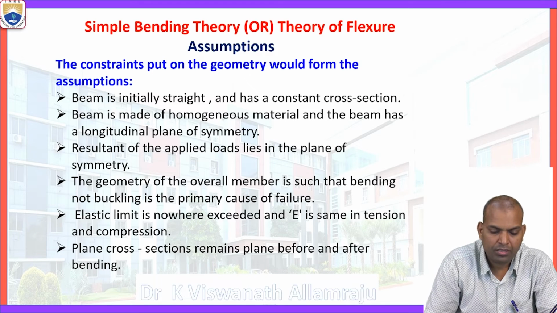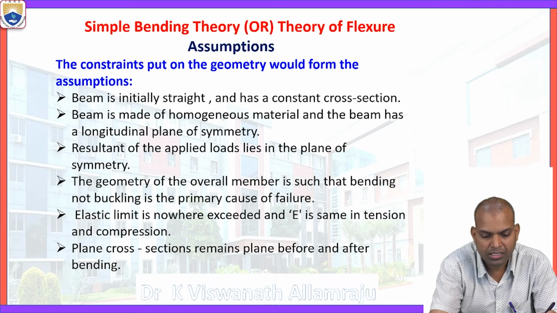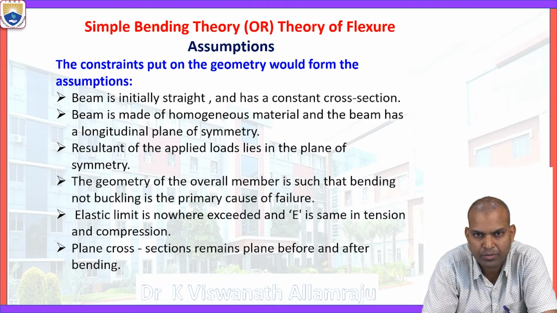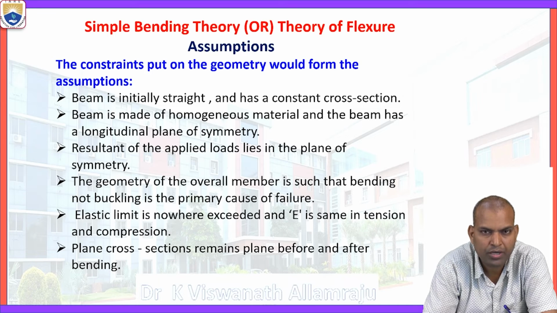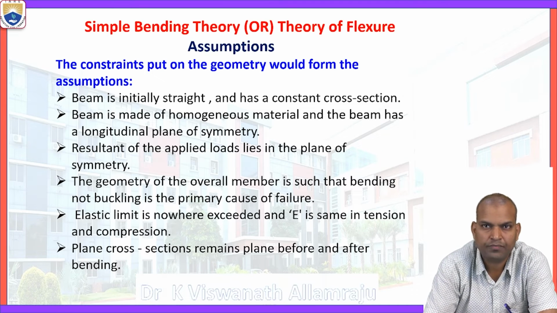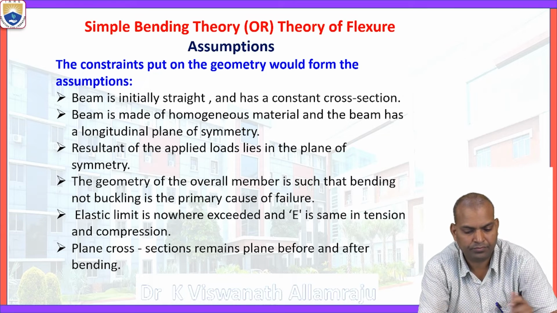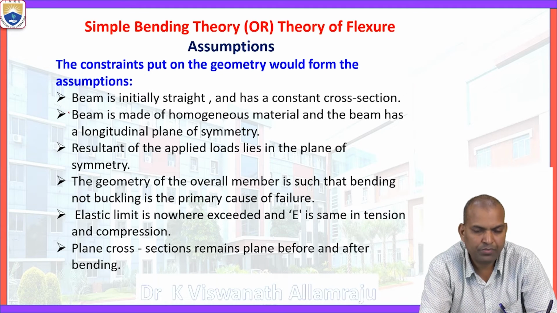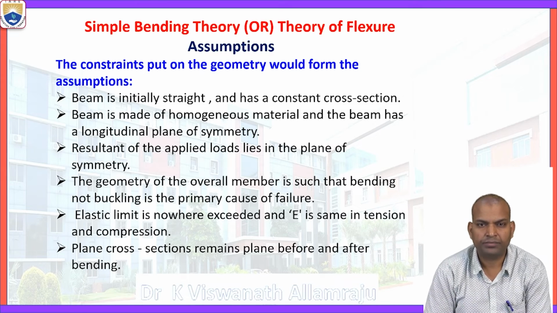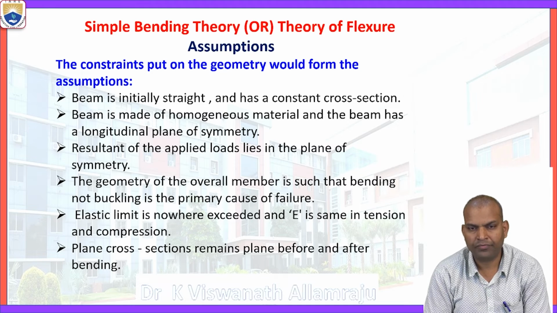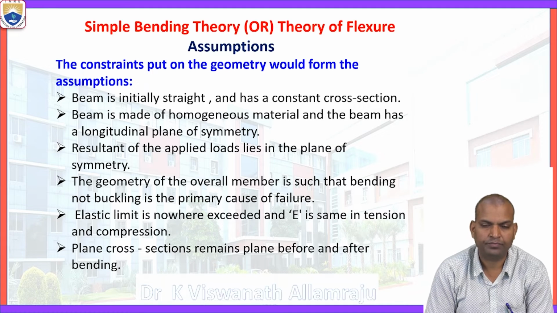Now, in order to derive the theory of simple bending, or theory of flexure, we have to make certain assumptions. The assumptions are: the beam is initially straight and has a constant cross section before and after applying the bending load.